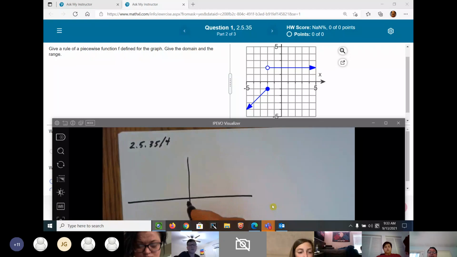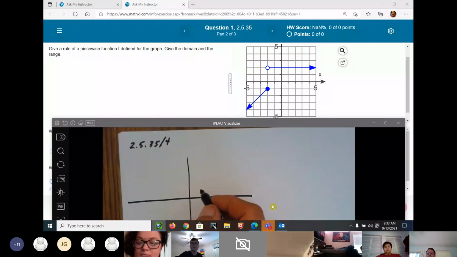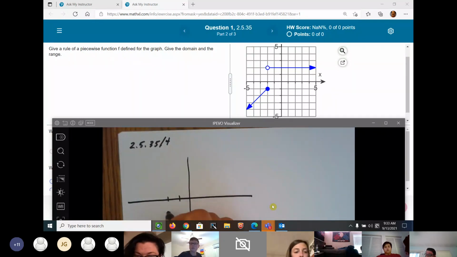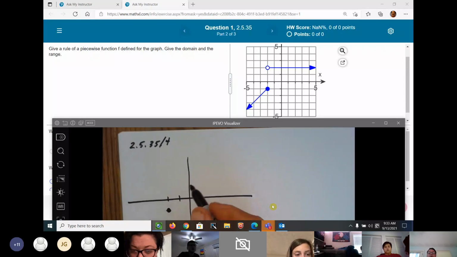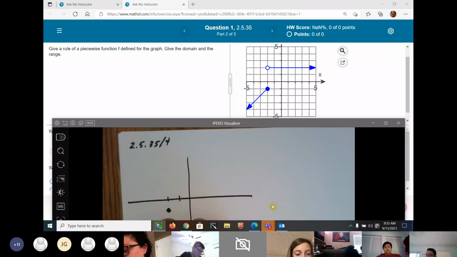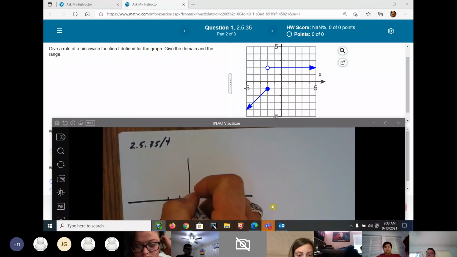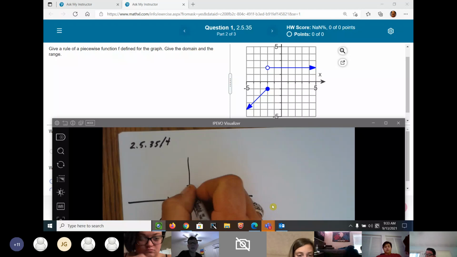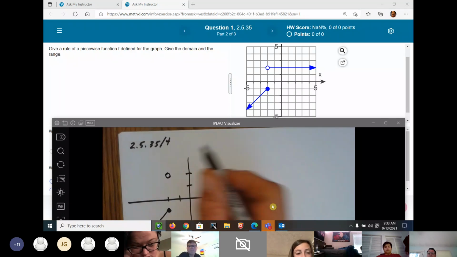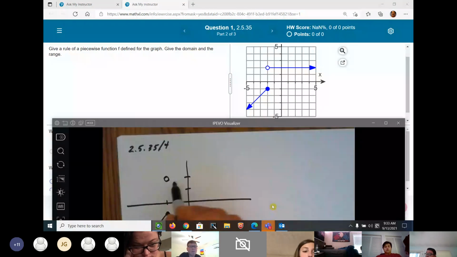Let's see, -2, -1, and then 1 down, 1 over, 1 down, 1 over, 1 down, 1 over. And then the upper one is -2, +2, and it's just a straight line going this way.